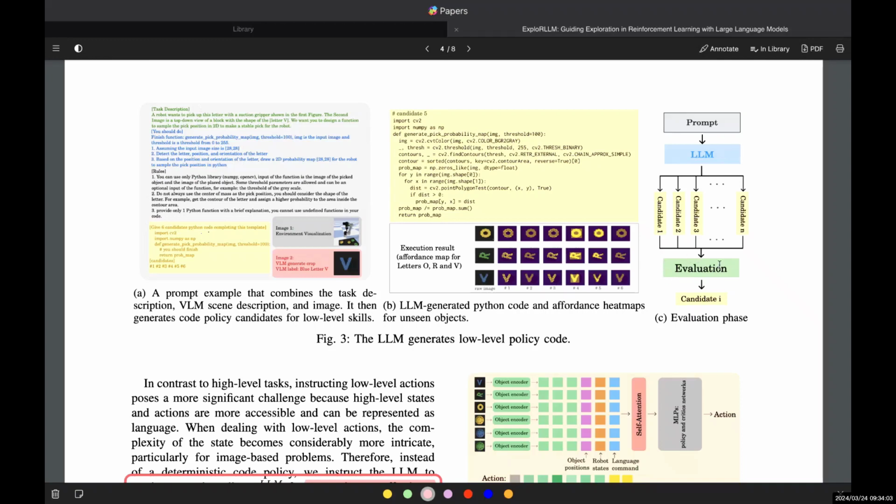After evaluating the maps for each candidate, they select one candidate and decide the final pick or place positions for each object. For example, for the letter O, they output the affordance, maybe the ring of the letter, and then they select the exact point to pick or place according to a stochastic strategy.